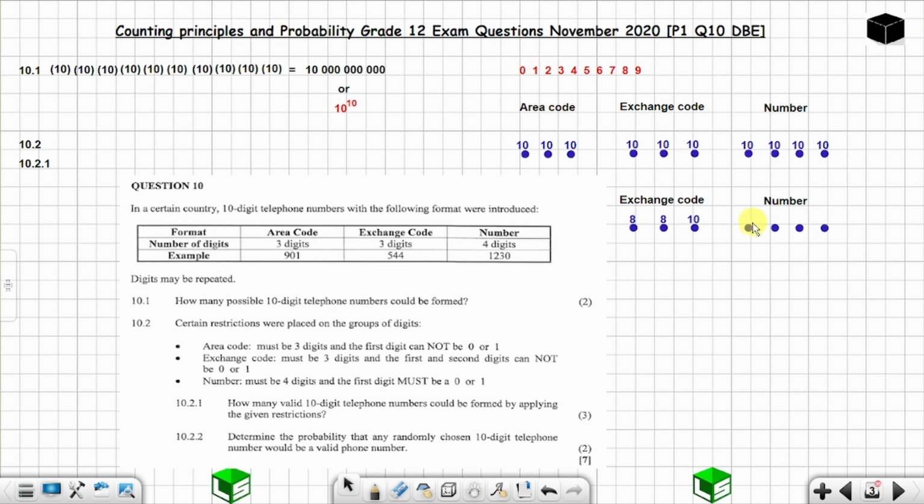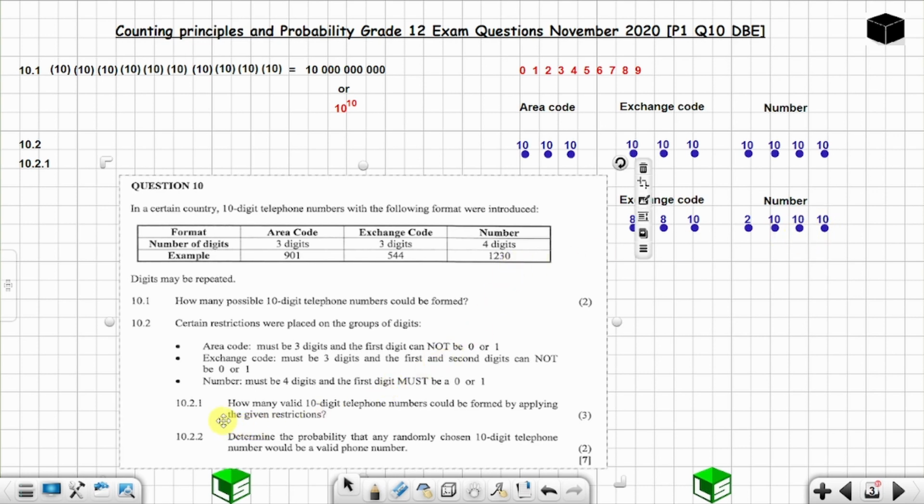It can be 0 or 1 only. So the restriction is only applied to the first digit. For the second, third, and fourth, there is no restriction, so you're still going to have 10 options.